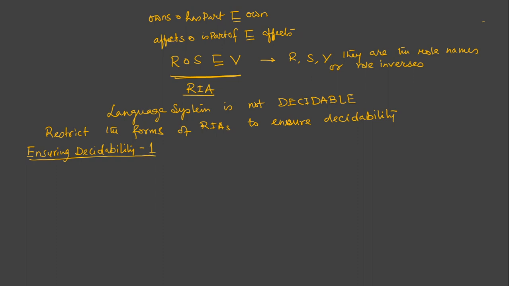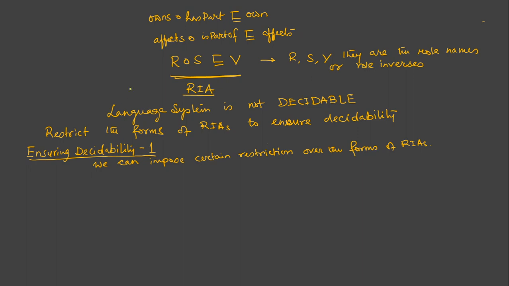The first strategy says that we can impose certain restrictions over the forms of RIAs.